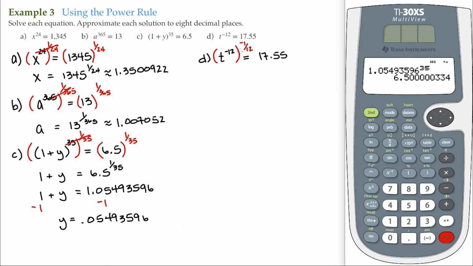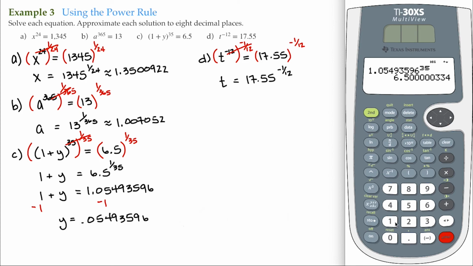Negative 12 times negative 1/12, they cancel each other and become positive 1. I'll raise the other side to the negative 1/12 as well, so these wind up canceling. That's the whole idea. So then t is equal to 17.55 to the negative 1/12 power.